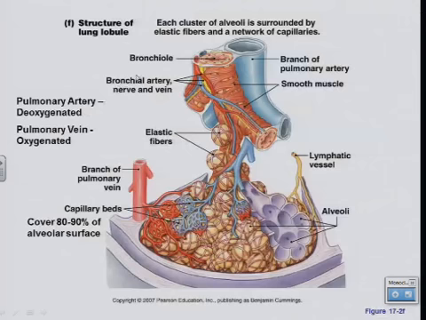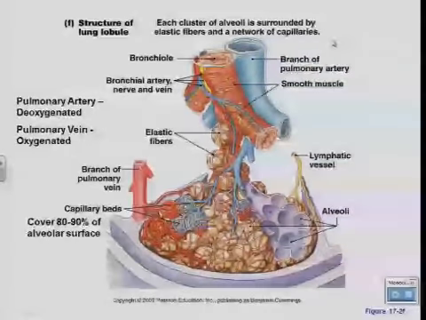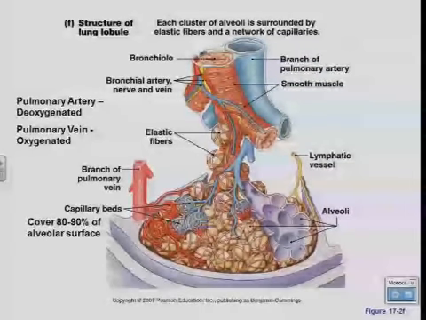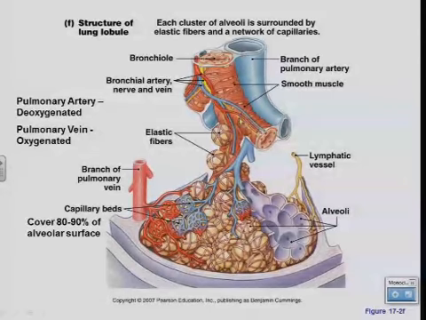First of all, when we were talking about overall anatomy of the lung structure, it's important to understand how these structures come into play when we're talking about various lung diseases and how that can be affected. So first of all, we were looking at the general overall structure. The pulmonary artery brings deoxygenated blood into the lungs.